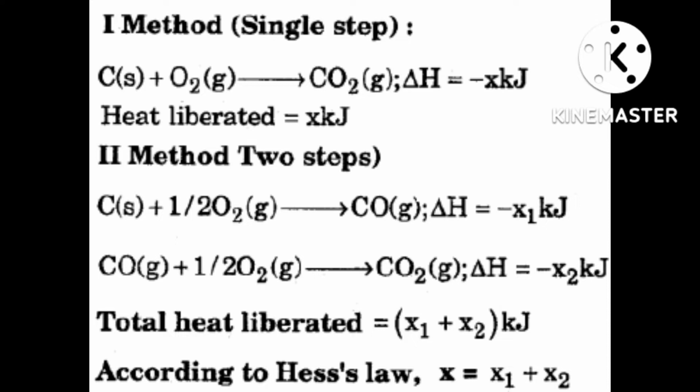And how can we write this reaction? Butane means what? CnH2n+2 is the formula to write an alkane.